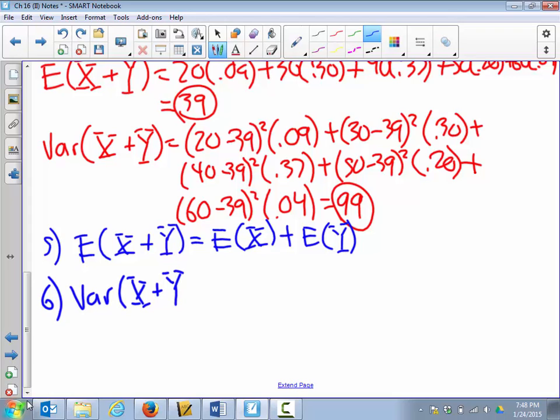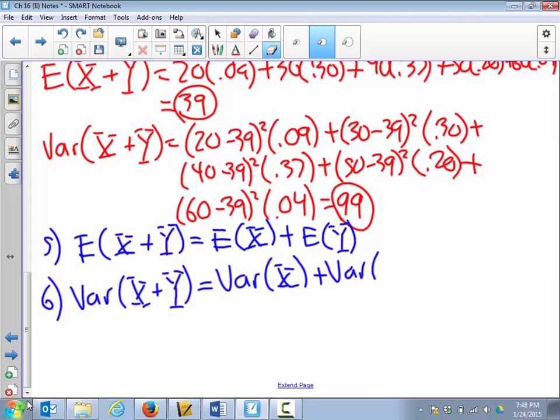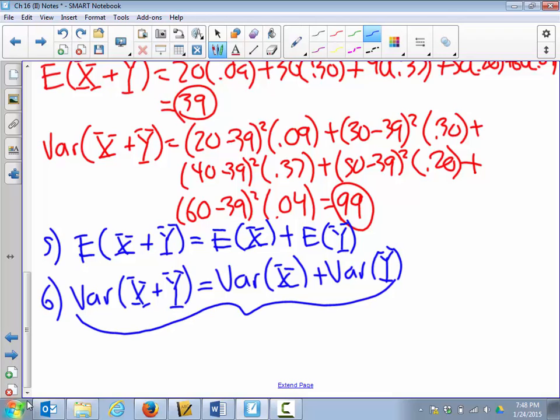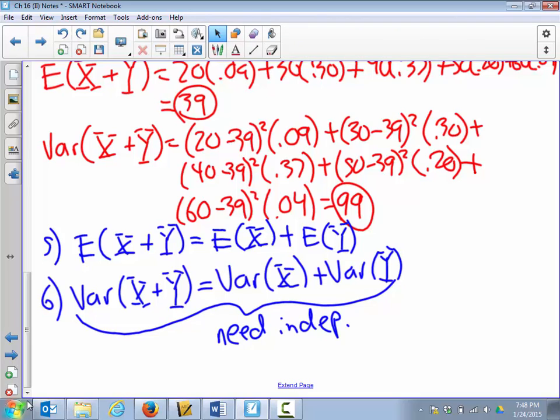And then the last big idea, with the variance, is that the variance of your first random variable plus your second combined should just be the variance of the first plus the variance of the second. But we need this condition right here; it's the only one of the 6 that requires it.